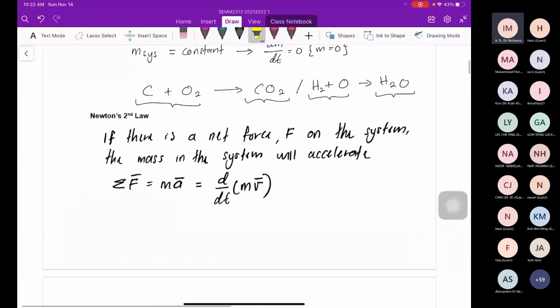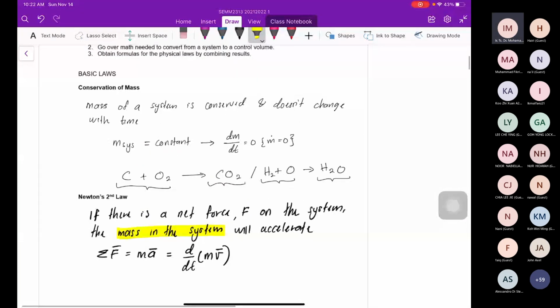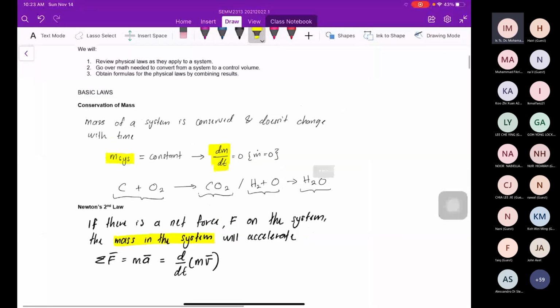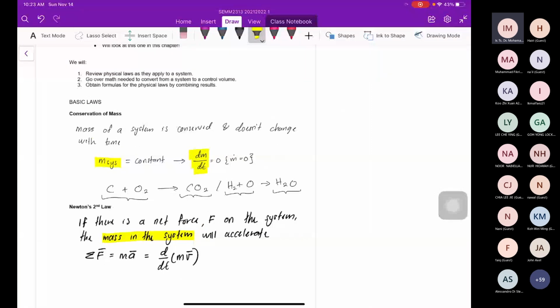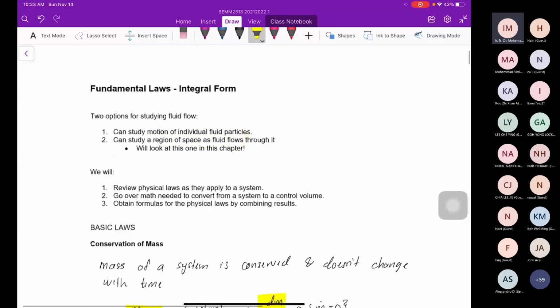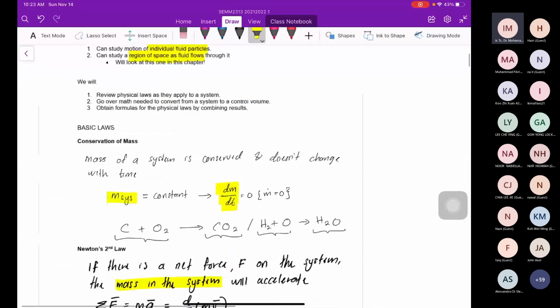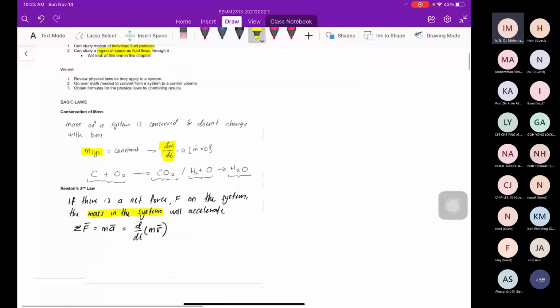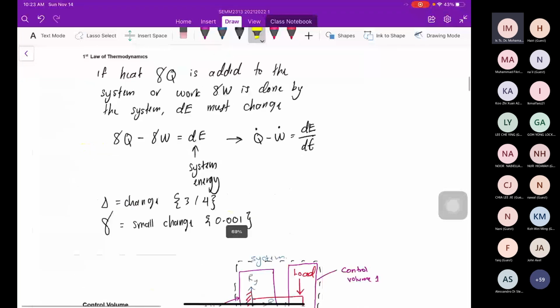In order for us to analyze in detail, because we need to study the motion of individual particles and the region of space, the fluid flow, we need to divide the system into a few control volumes so that we can analyze further.